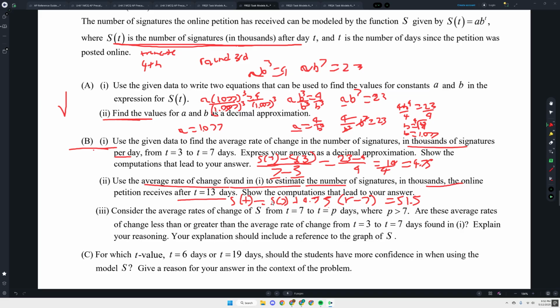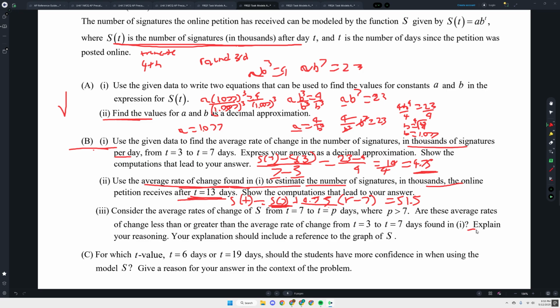B to the I is trying to find the average rate of change. So we're going to use our slope from before, and we're going to use t minus 7 to start from this value of 7 as our last value that we know. We'll lose a point if we don't say it's increasing.